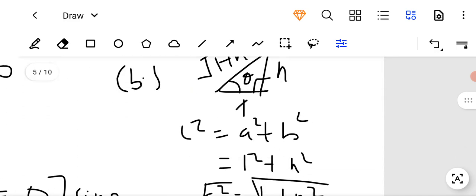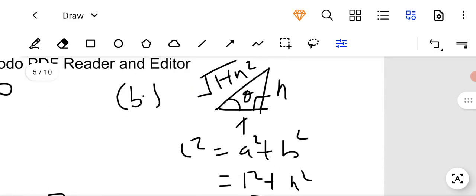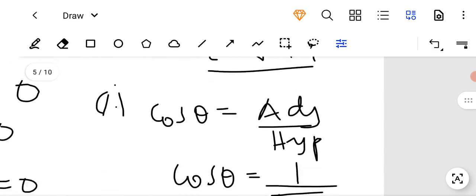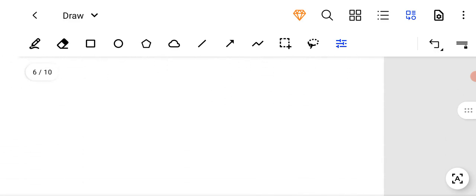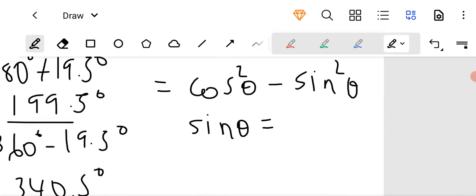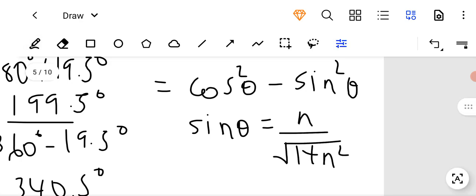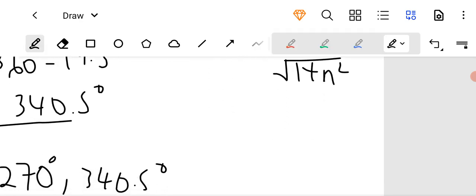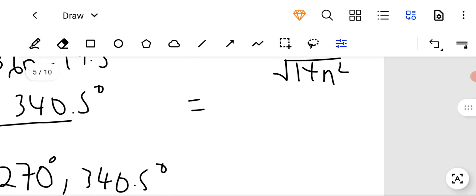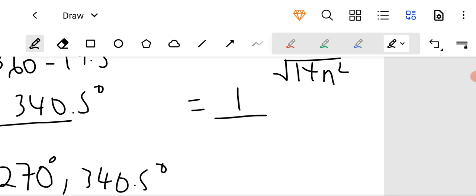From the diagram here, sin theta is opposite over hypotenuse, so n over square root of 1 plus n squared. Then it will be equal to cos theta squared. Cos theta, we found it as what? 1 divided by square root of what? 1 plus n squared.